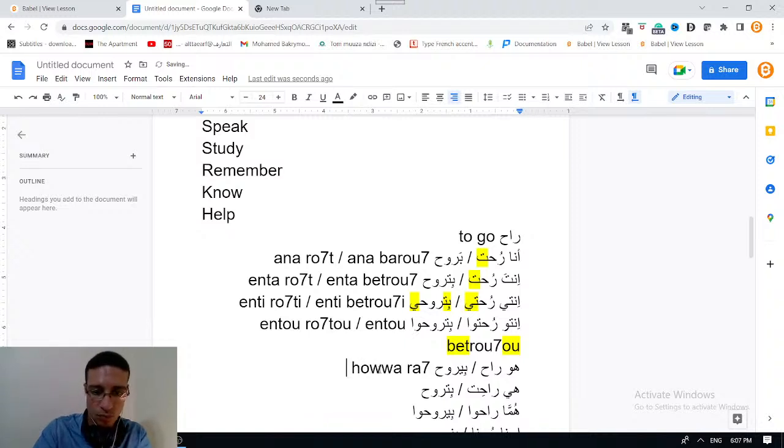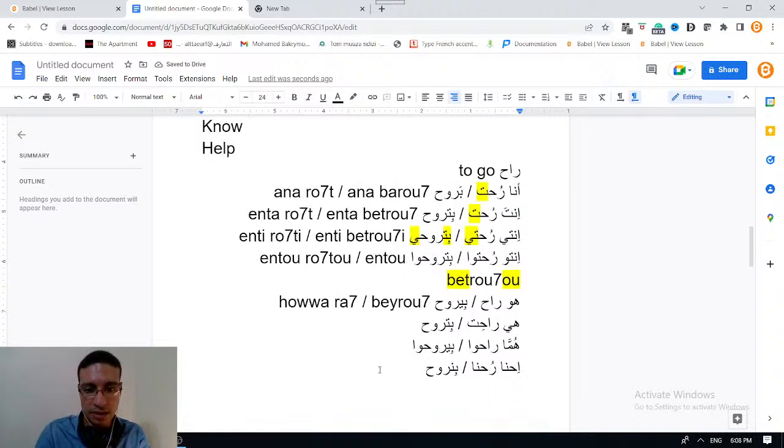هو راح. هو بيروح. بي is the start of the conjugation in the present tense with هو.